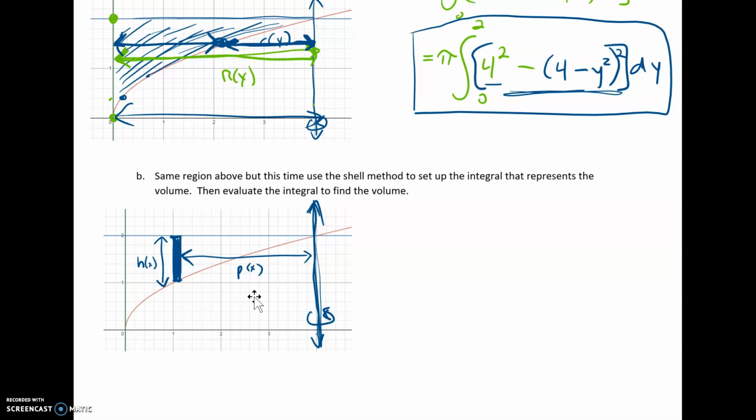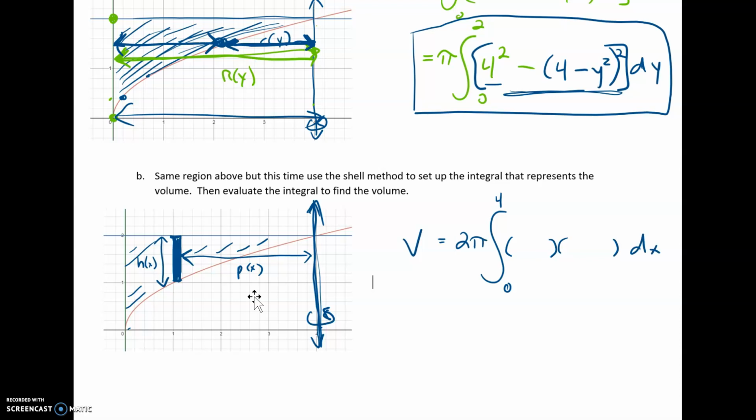So let's use our formula for the shell method then. It's going to be the volume, same volume now, same region. Make sure we're choosing this region. Volume equals 2 pi, x bound 0 to 4, distance to line of revolution, height, dx.